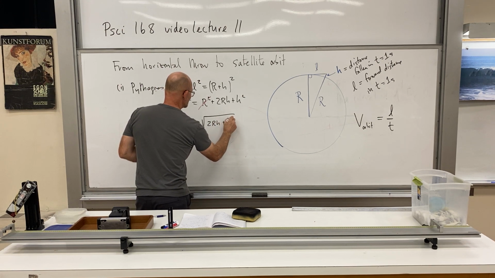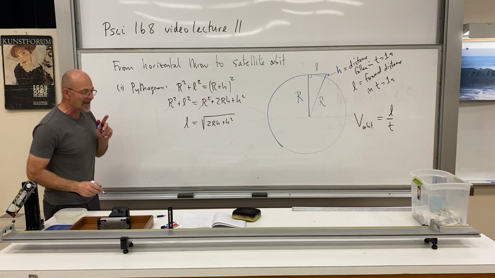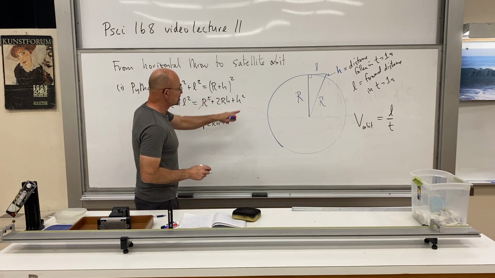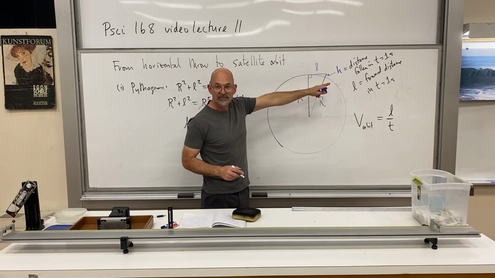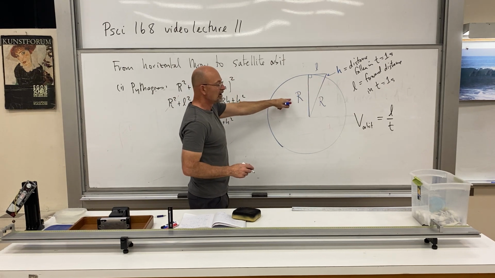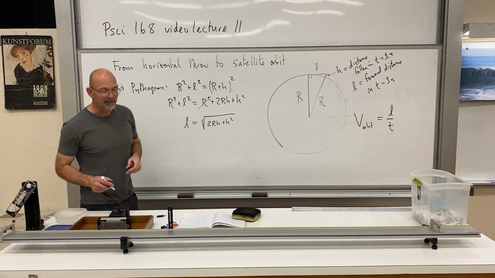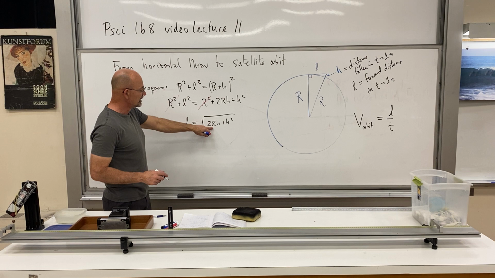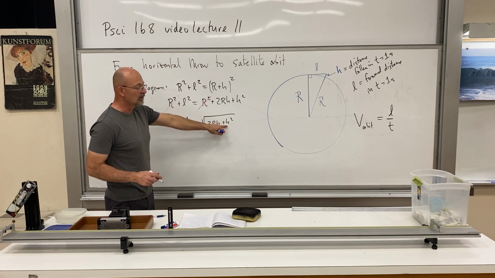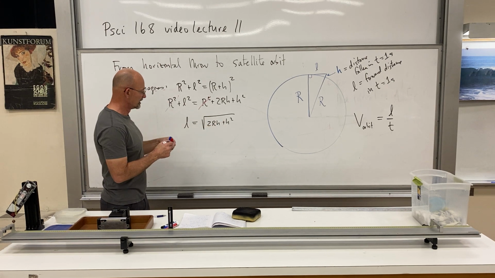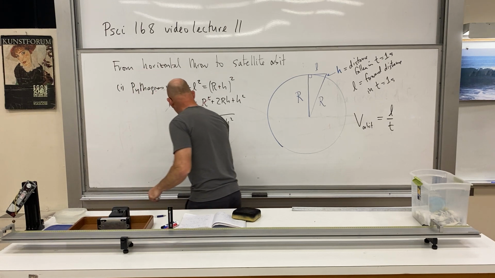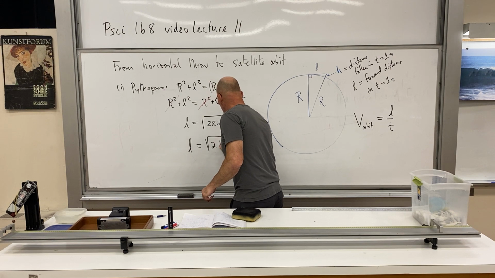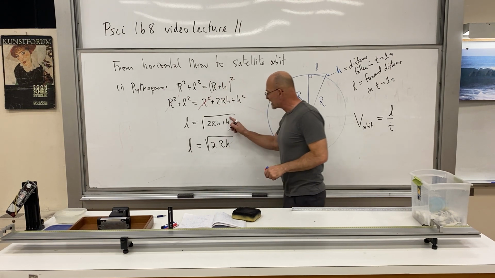RH plus h squared. Now here's a step that we have to realize: h is on the order of 5 meters and capital R is on the order of 6 million meters, so h is so much smaller than R that we can neglect the h squared. So I'm going to write L equals root 2RH plus something small.